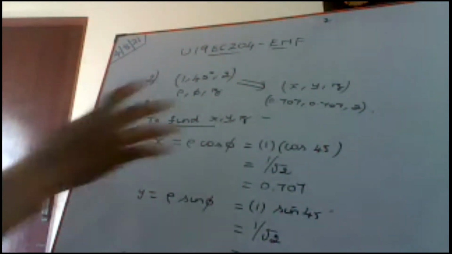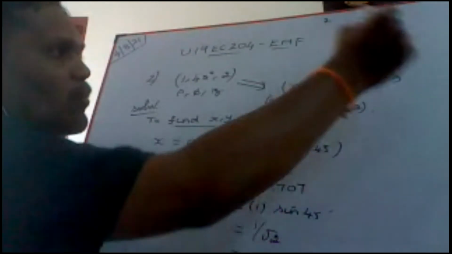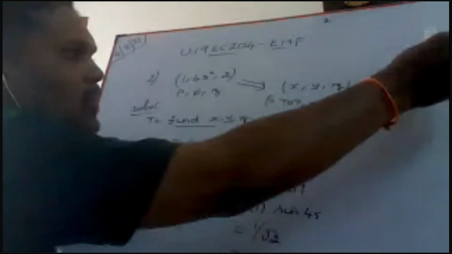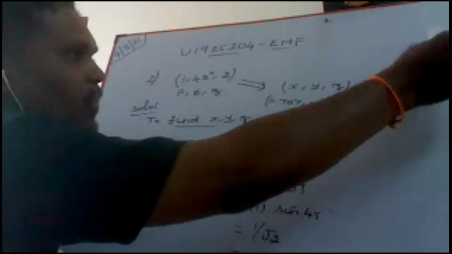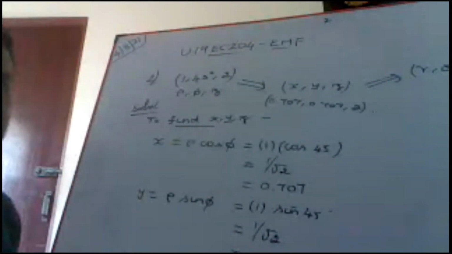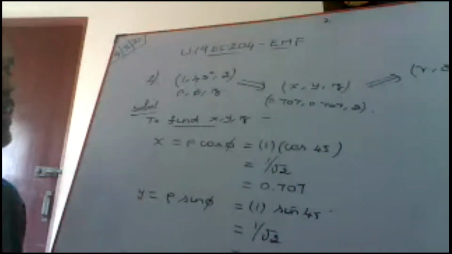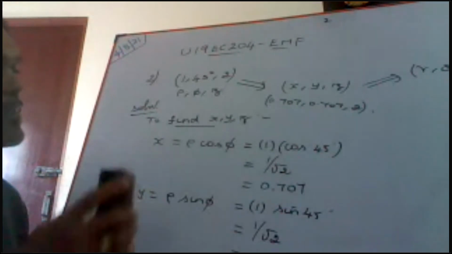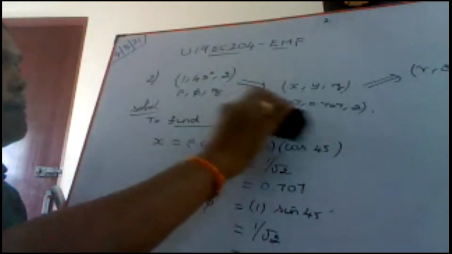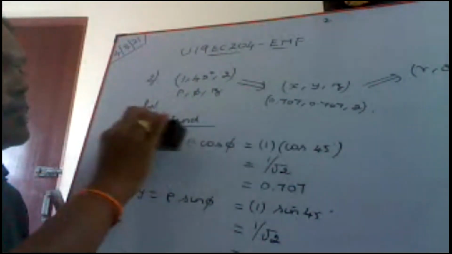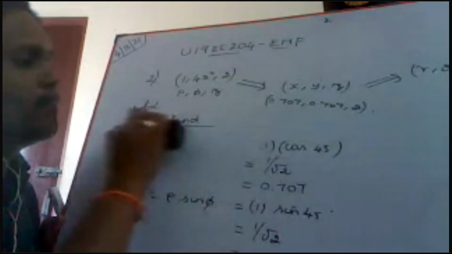Next, I am going to use this Cartesian system as the intermediary, and I am going to find r, theta, and phi. This is our task next. Have you all noted this? Shall I erase? Yes sir, noted sir.